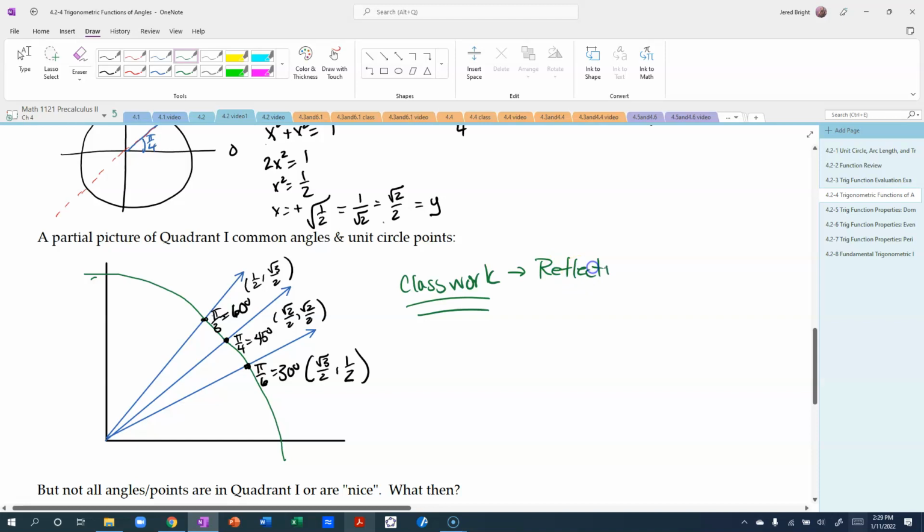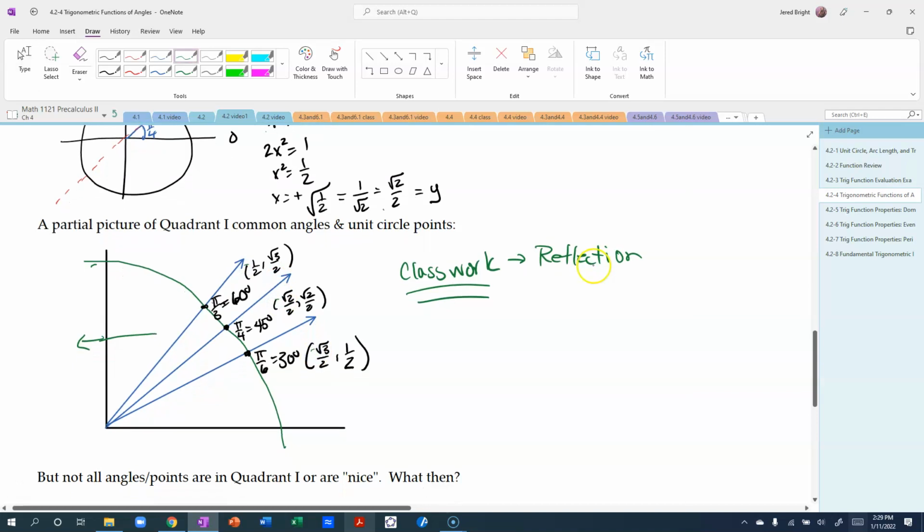So imagine that if we reflected this over into the second quadrant, we move it over here. Well, in that case, all the y values aren't going to change where they are vertically. All the x values just become negatives. Okay, so we'll work through that in class.